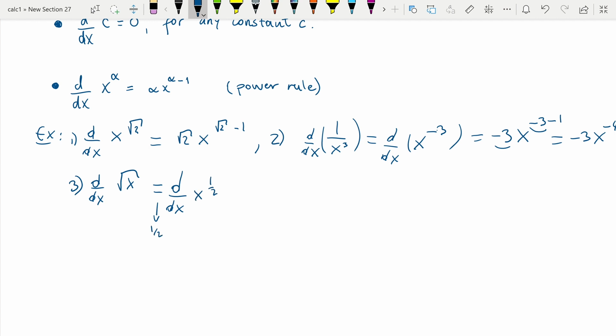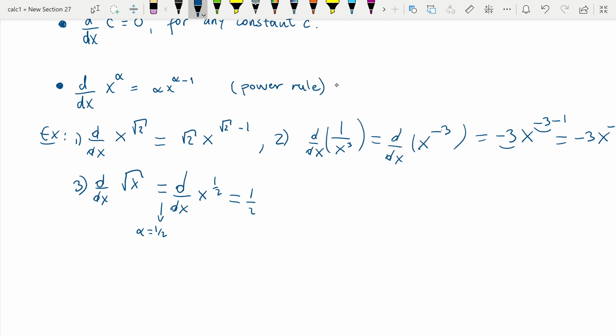And now that we know that alpha is 1/2, let's apply the rule. 1/2 x to the 1/2 minus 1. 1/2 minus 1 in the exponent, if you do the simple arithmetic, becomes minus 1/2. Or we get 1 over 2 times x to the minus 1/2.